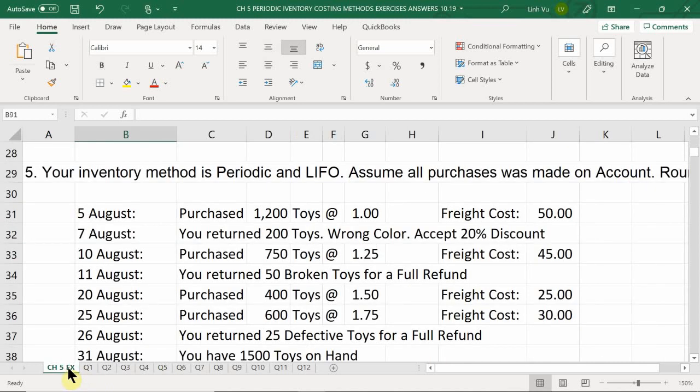Then on August 7th, we end up returning 200 toys. They were the wrong color, but we were willing to accept a 20% discount.